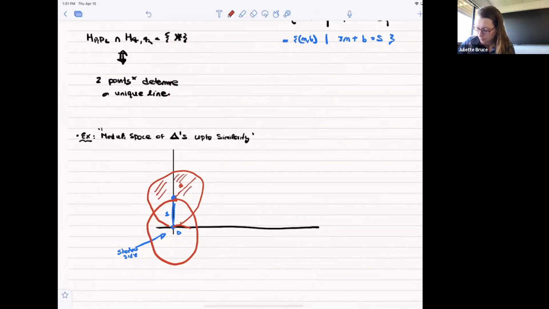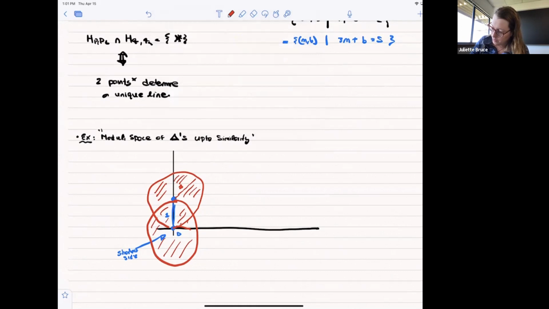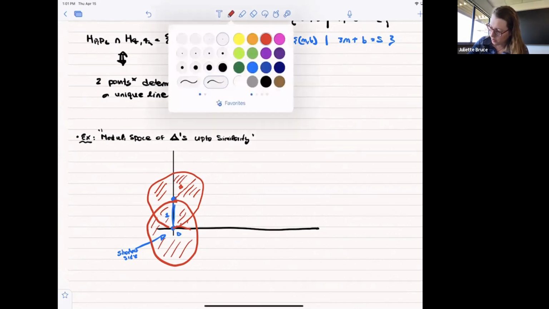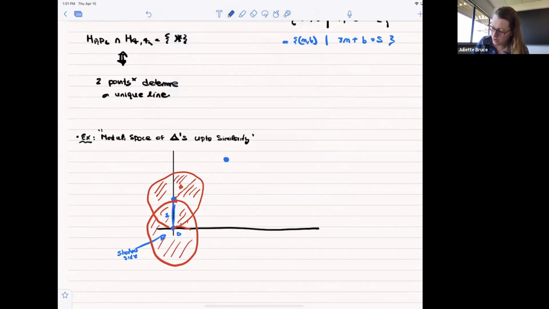Okay. But there's a big but, right? I only want to think about triangles up to similarity. And so some of the points I pick are going to result in similar triangles. So for example, if I pick this point here, and I pick the point here, I claim you get similar triangles.